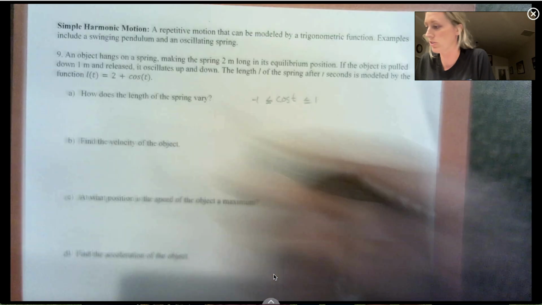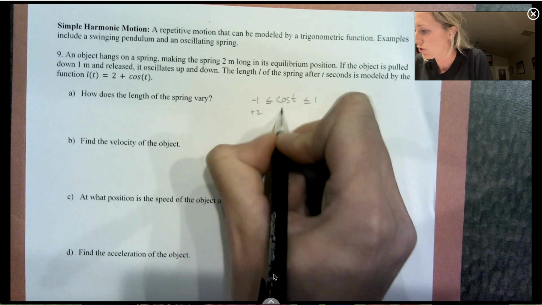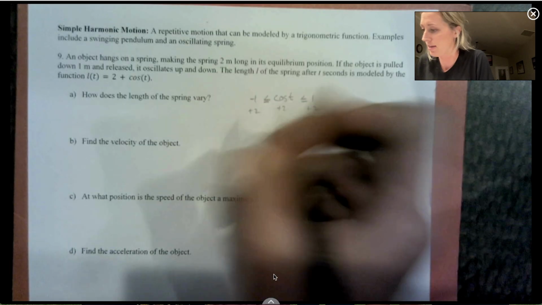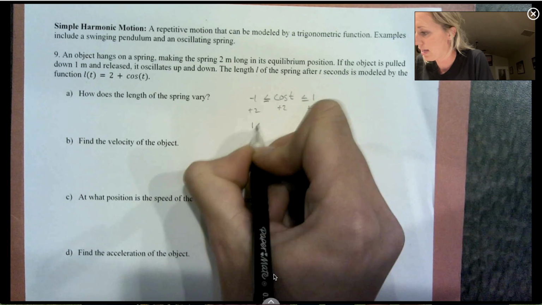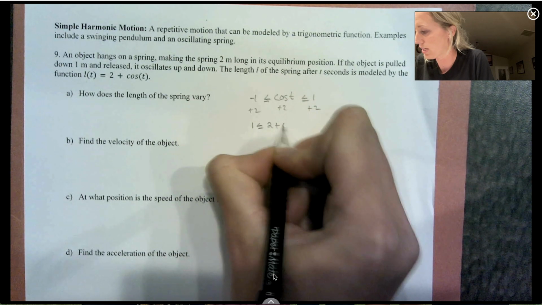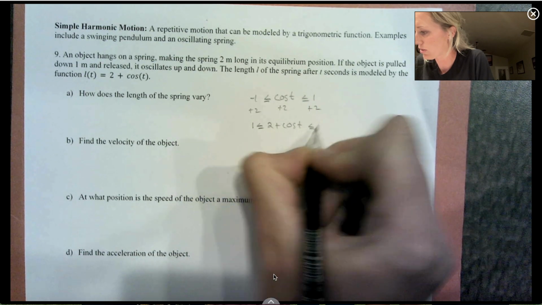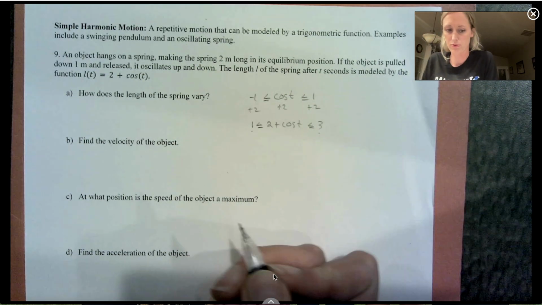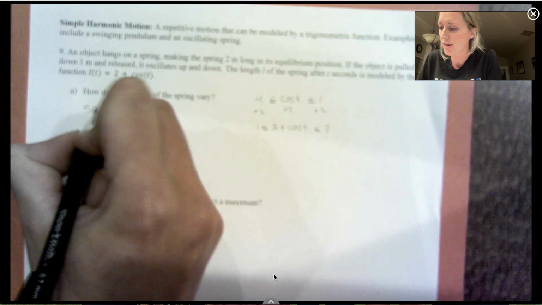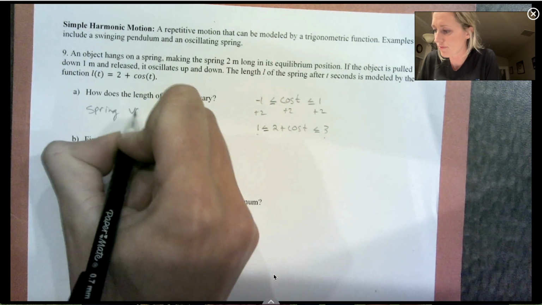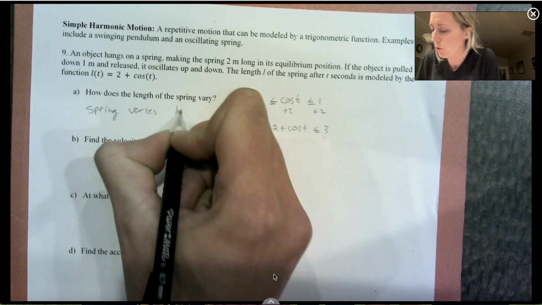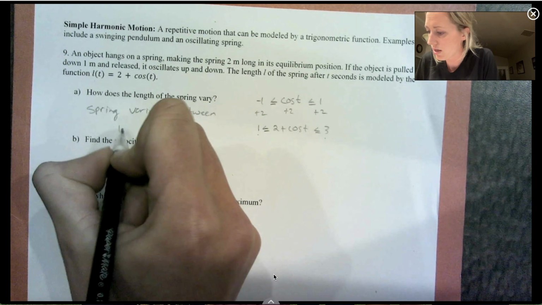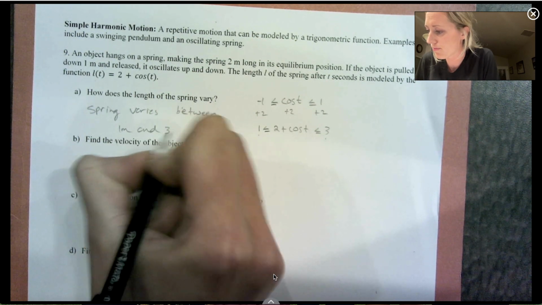It's 2 plus cosine t. So I'm going to add 2 to all 3 parts of my inequality so that my middle matches my equation. So I've got 1 is less than or equal to 2 plus cosine t is less than or equal to 3. So this function lives between 1 and 3. So the spring varies between 1 meter and 3 meters.